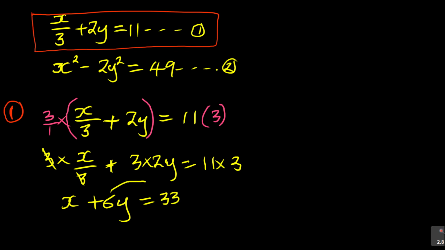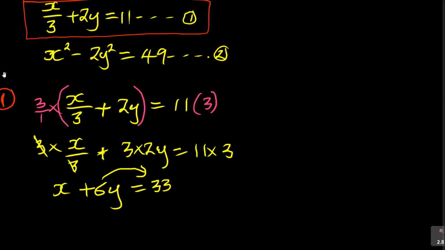Then take 6y to the other side. It's easier for x to become the subject now. Your x will be equal to 33 minus 6y. This one we are going to call our equation 3. Are you with me?